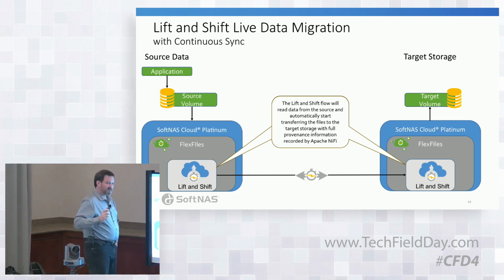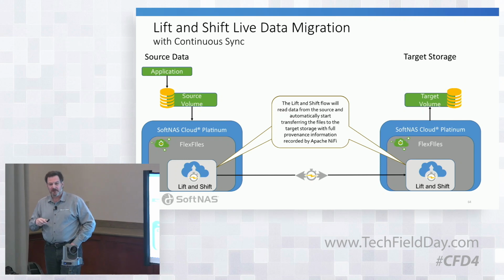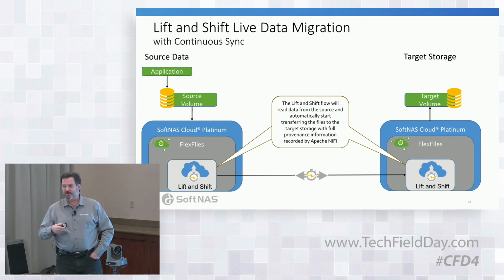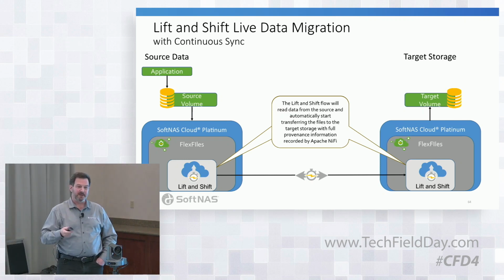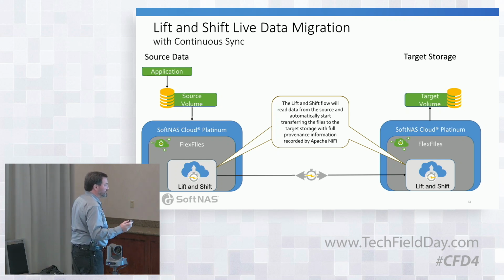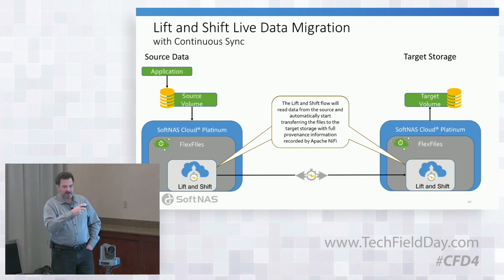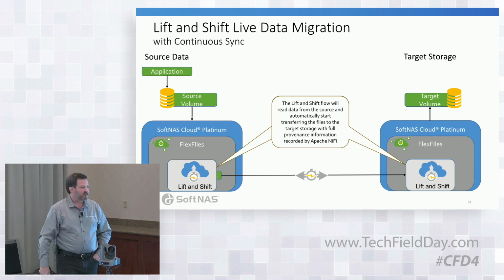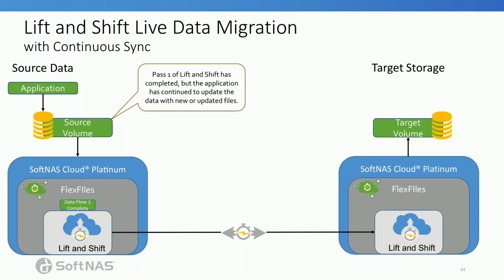Continuous sync is a very key feature, and it's pretty much what you're probably reading into it. It'll continuously sync your data even after it runs. So once you start this lift and shift flow, it starts sending data, possibly across ultra-fast, from wherever the data is, the source volume. That doesn't have to be a SoftNAS, as long as where the source data is can be accessed through NFS or CIFS SMB.